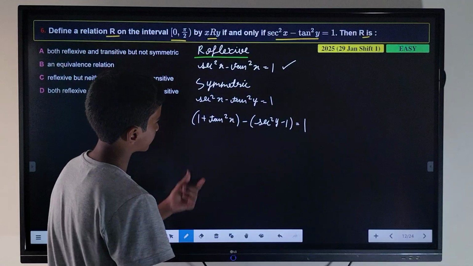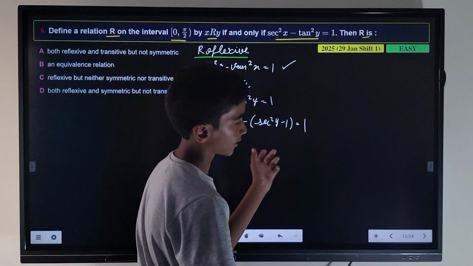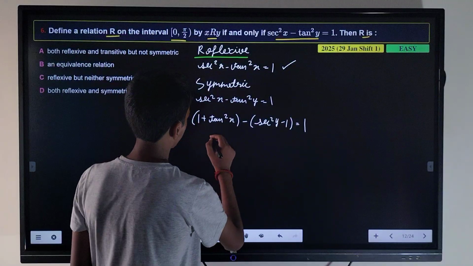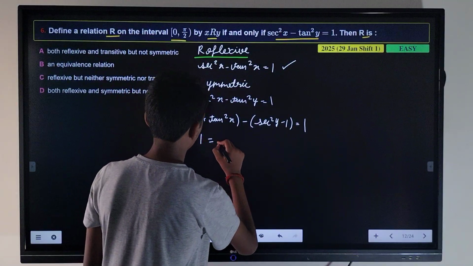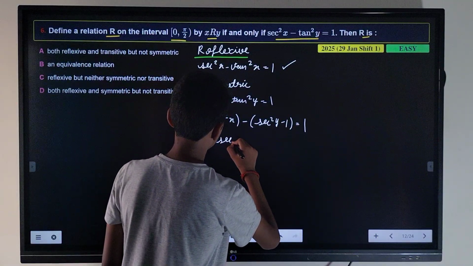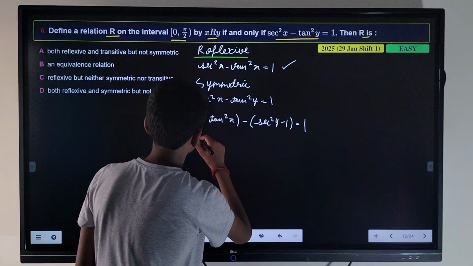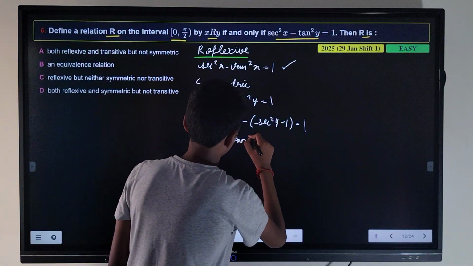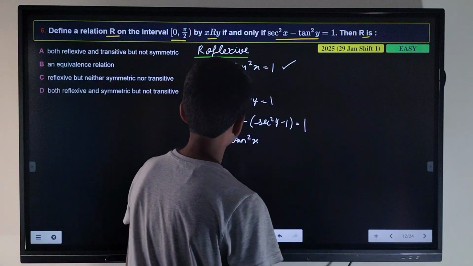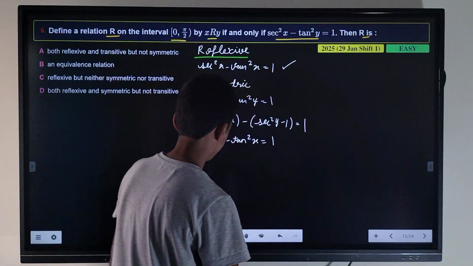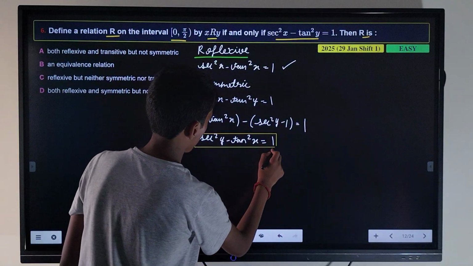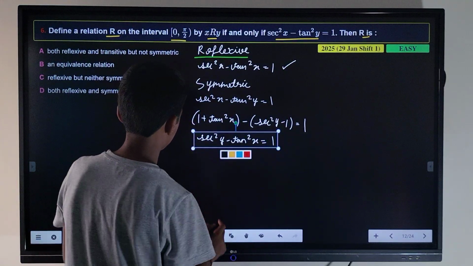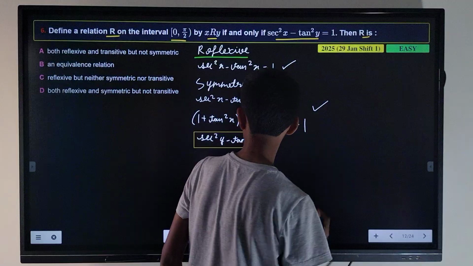So from here we will take tan square x minus sec square y to the right hand side. So this will be 1 is equal to, I will write it as sec square y minus tan square x is equal to 1. So from this equation, we prove that our relation is also symmetric.